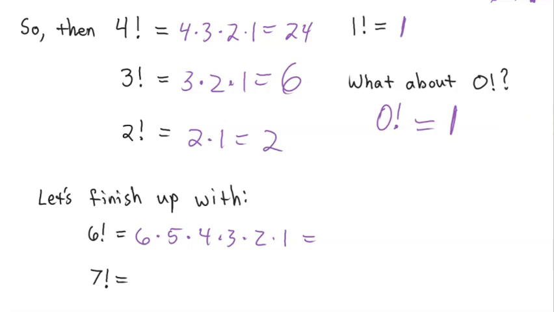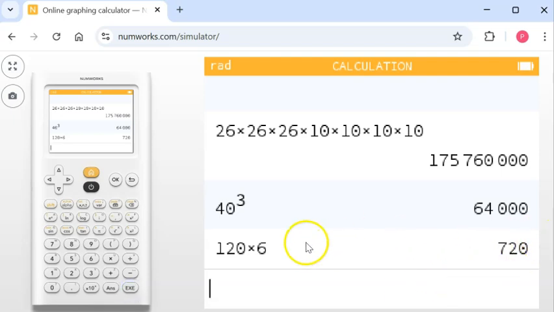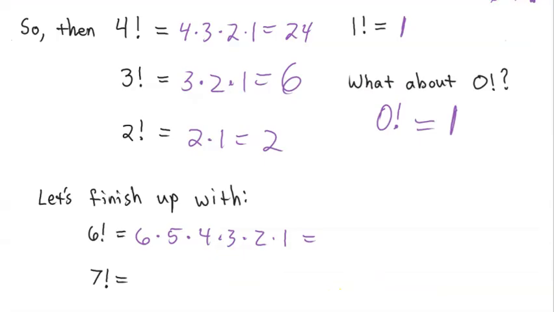So let's go to the calculator. 120 times 6 is 720. Let's make sure. Let's do 6 times 5 times 4 times 3 times 2 times 1. That's 6 factorial, and sure enough, it's 720. Okay, so I'll put in 720.